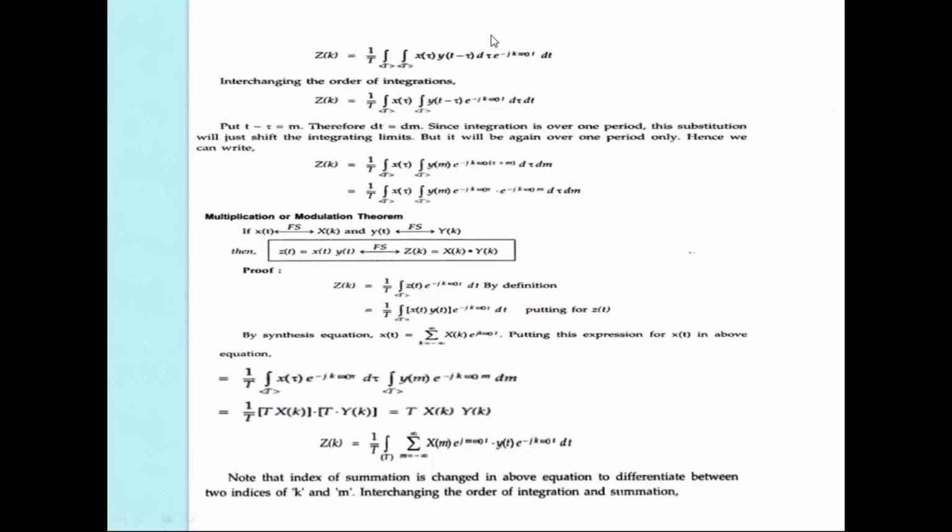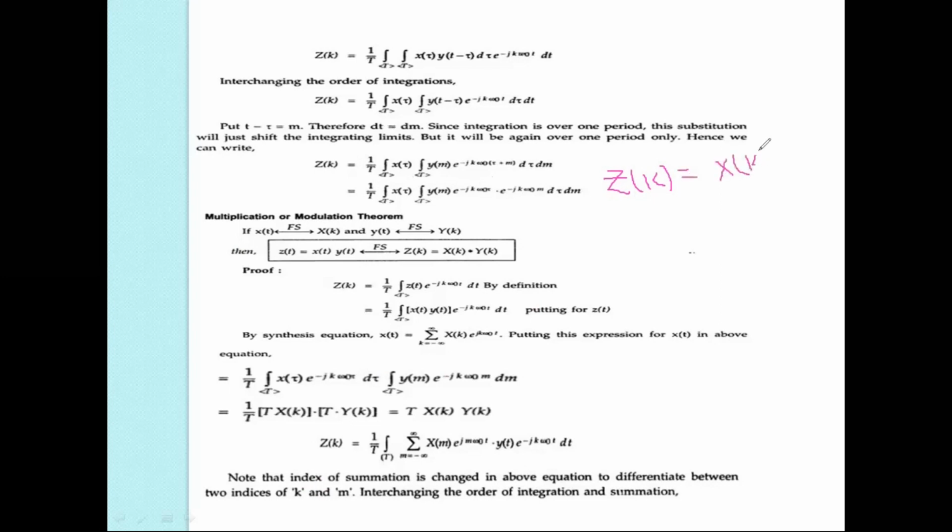So finally z of k is equal to taking 1 by T, the integral of x of tau e power minus jk omega naught tau d tau as x of k, and the integral over T of y of m e power minus jk omega naught m dm.